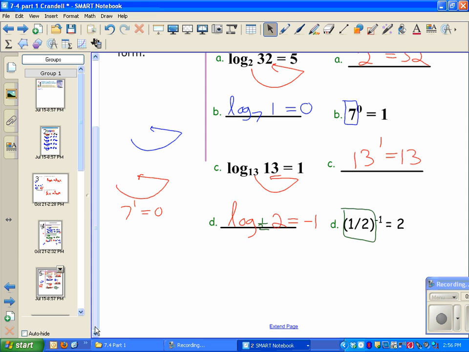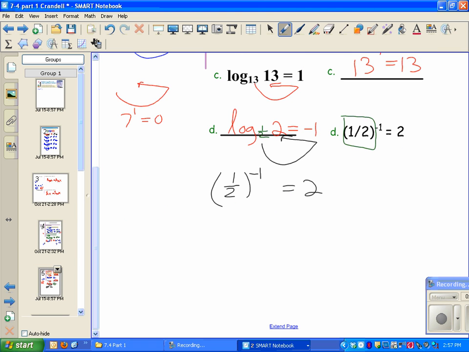Right? 1/2 to the -1 equals 2. And is that true? Does it really equal 2? Well, if I distribute this -1, I get 1 to the -1 over 2 to the -1. And then those are both unhappy upstairs and downstairs, so I flip it and I get 2 to the first over 1 to the first. And 2 over 1 is 2, so that does check out.